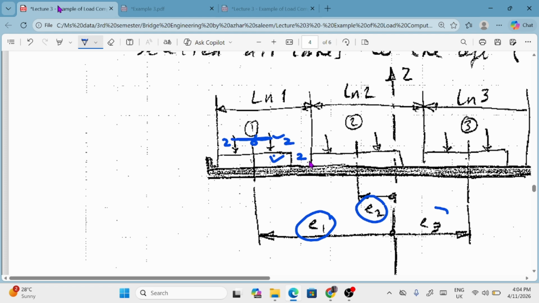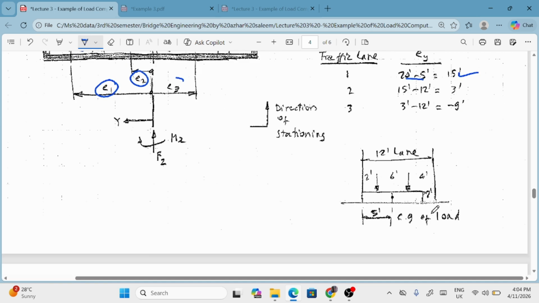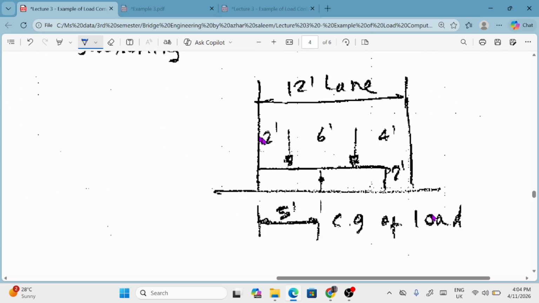You can see here this is a typical first lane, or the typical lane distances: 6 feet, and 2 feet and 2 feet, total 4 feet.